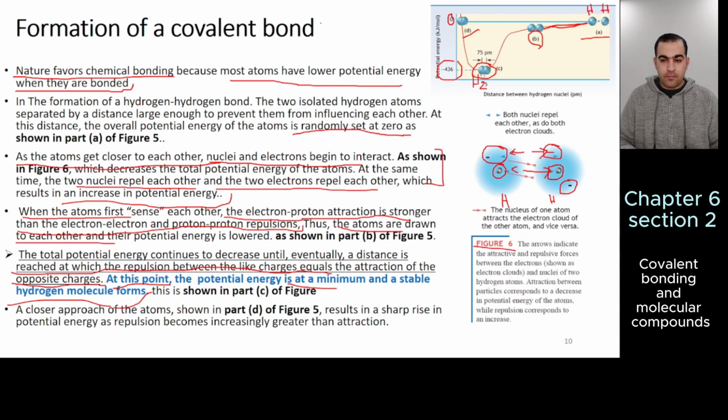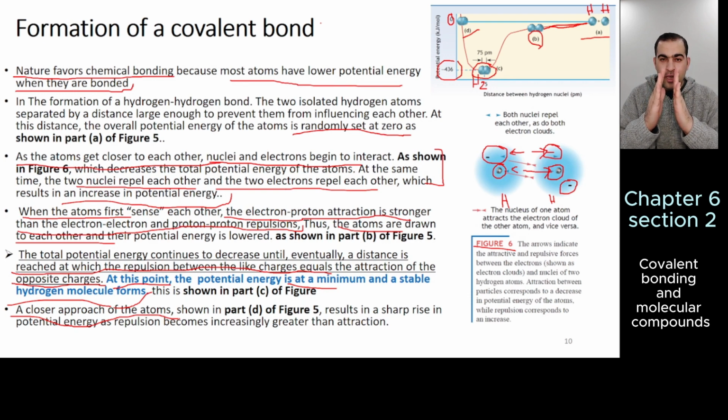Okay, which is important. If atoms get much closer, at the beginning attraction is high, but repulsion is also going to increase until attraction and repulsion are balanced and a stable hydrogen molecule forms.